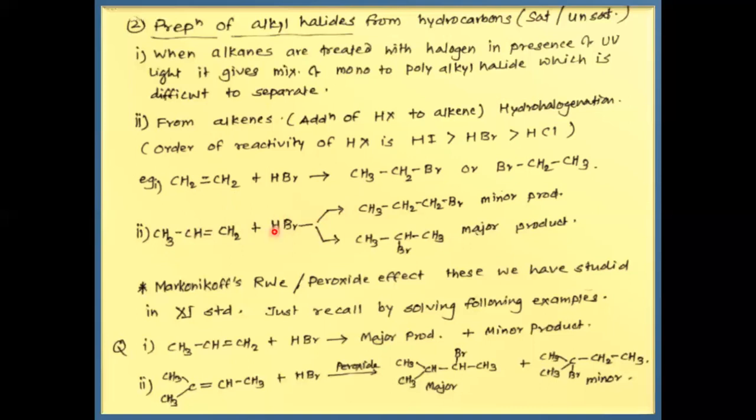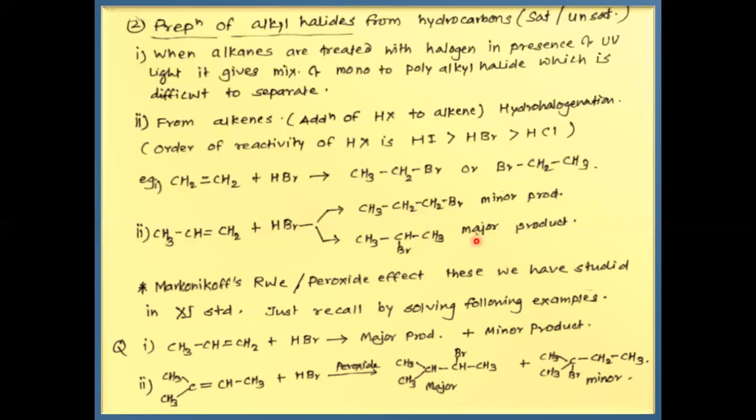First, hydrogen goes to this carbon, bromine goes to this carbon, the double bond changes to single bond, and we get CH3CH2CH2Br. And in another, bromine will go to this carbon across the double bond, hydrogen will go to this carbon, and the double bond changes to single bond, and we get 2-bromopropane. Here it is 1-bromopropane.